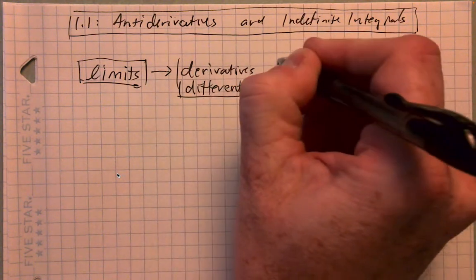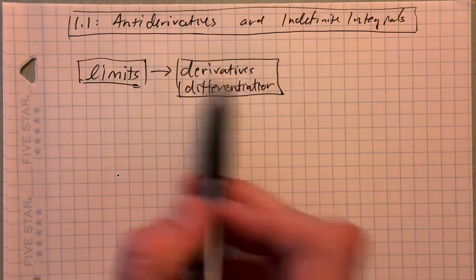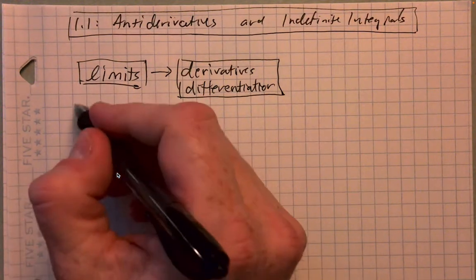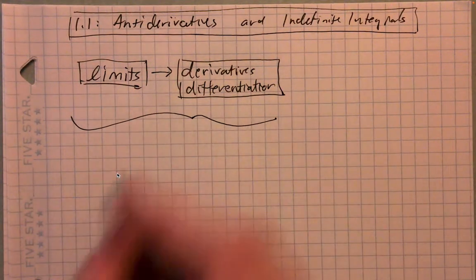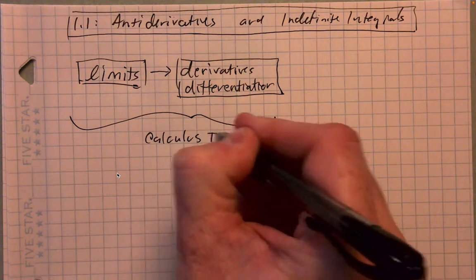We spend maybe a third of the time on limits, and the remaining two thirds of Calculus 1 on differentiation. So this is all under the heading of Calculus 1.